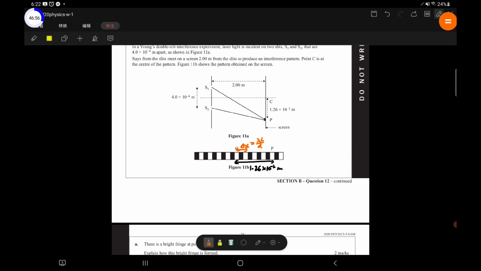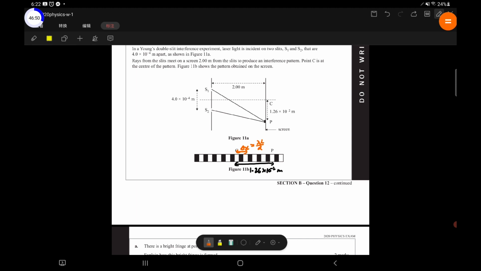So if you divide this value, the 1.26 centimeters, by 4, you will get delta x. You might not have realized that just by looking at the diagram, but that is actually how you will do it. Right, so we have 4 fringe spacings.